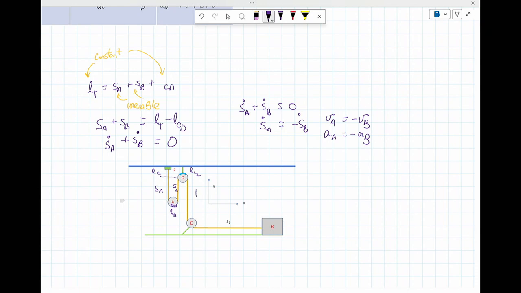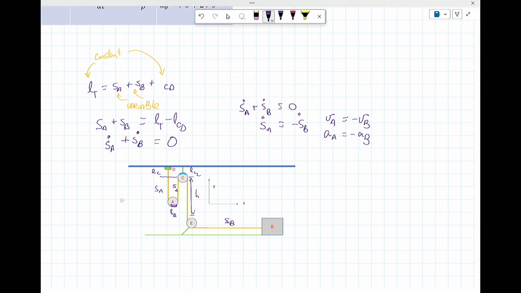I have H, which is going to be a fixed distance, and I finally have S sub B over here. So I can and will, at this point in the course, start to talk about pulley lengths and include them in these calculations. But later on, you forget about them because they're constants. So this distance here, A, C, and E, are constant lengths as far as my calculations are concerned. The only thing that changes are the lengths SA and SB.